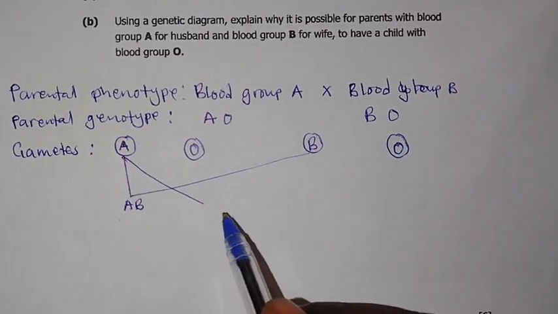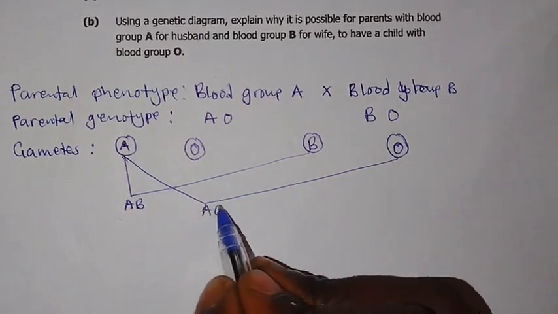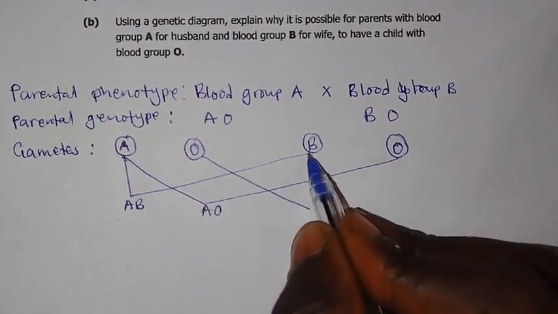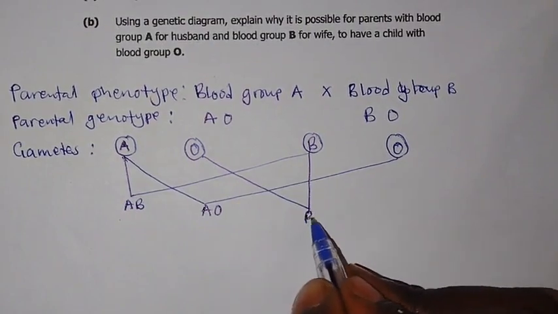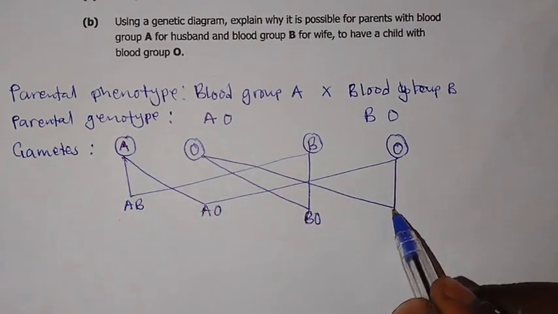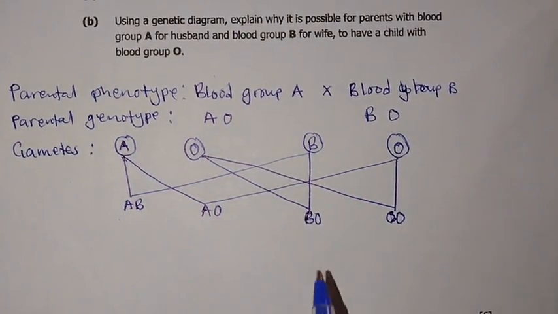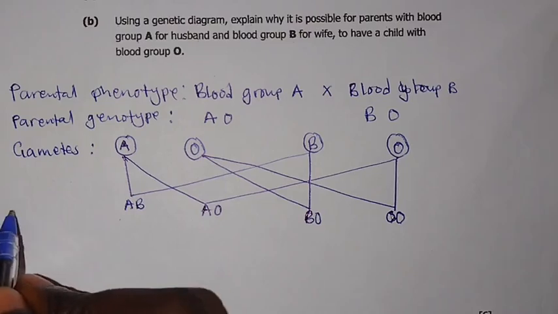Again, this same A will be crossed with O. So we are going to have AO. Then O will be crossed with B. We are going to have BO. Then O will be crossed with O. We are going to have OO.